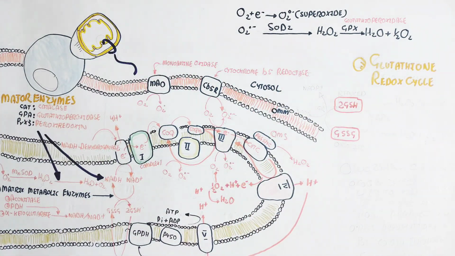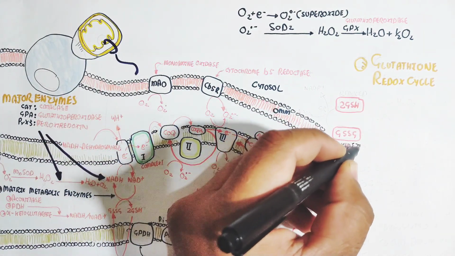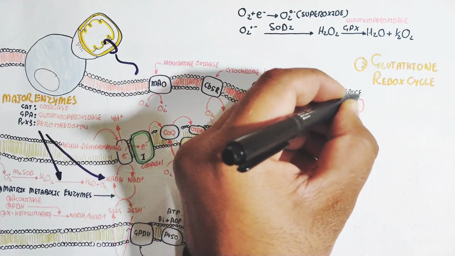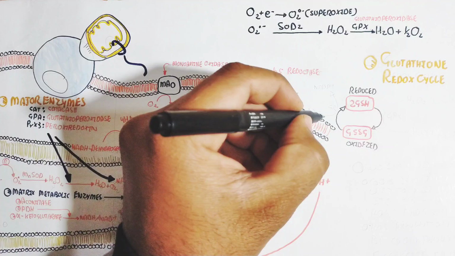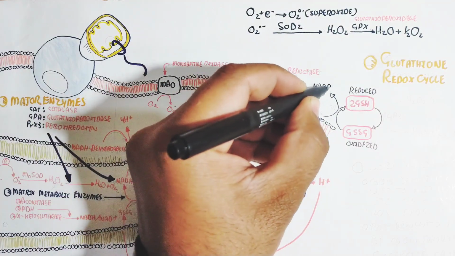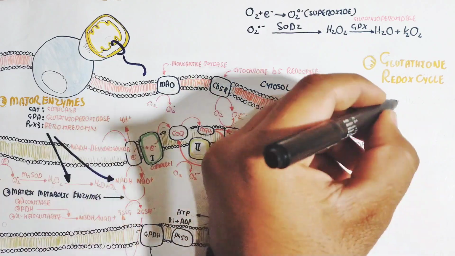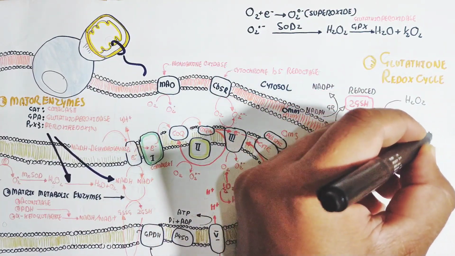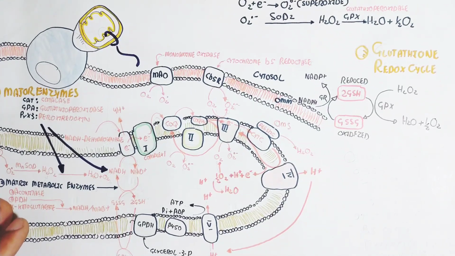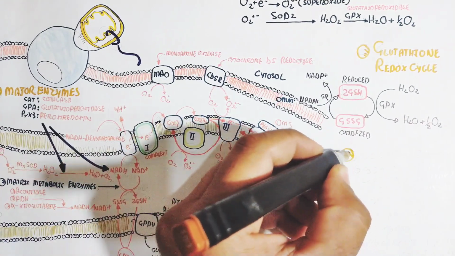On the other hand, the glutathione redox reaction involves the oxidized and reduced forms of glutathione: reduced 2GSH and oxidized GSSG. The oxidized form is reduced with NADPH donating to the reduction, so the glutathione reductase enzyme leads to the reduction, and NADP plus is formed.